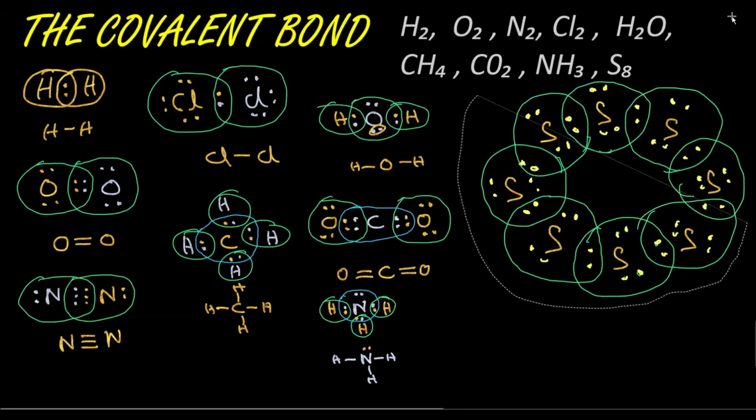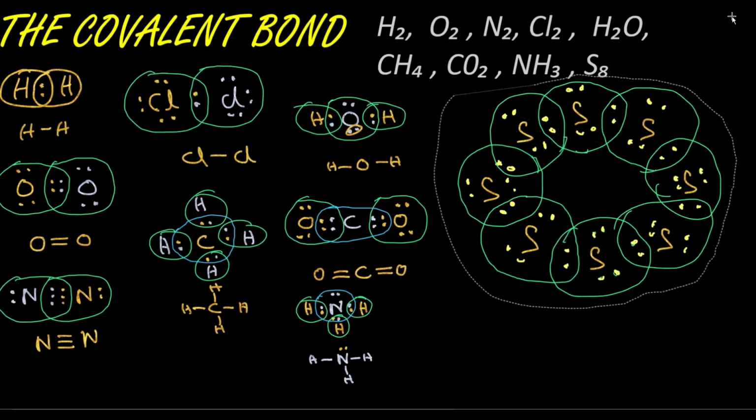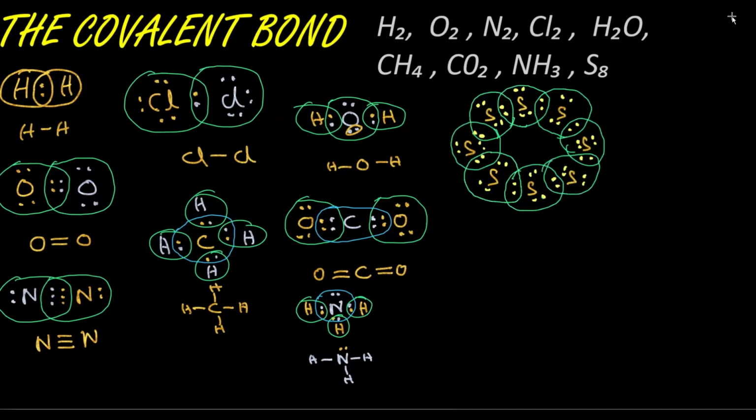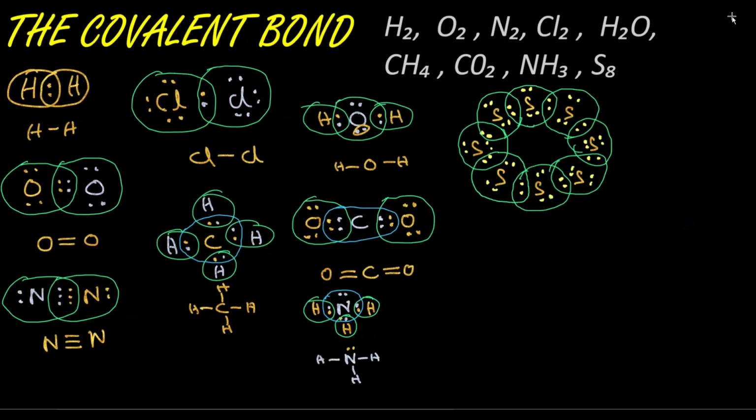This is the electron dot structure of sulfur. Now, if I have to make its bond structure, well, the sulfur molecule makes a bond structure that is similar to a crown. So what you have to do is to write W. You write W here and write another W starting from here, and merge with this.